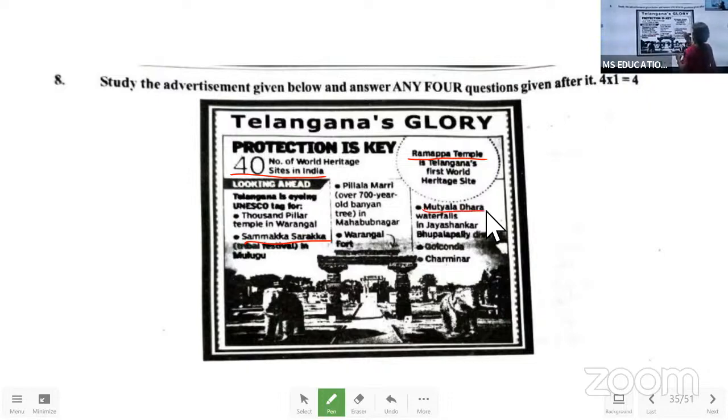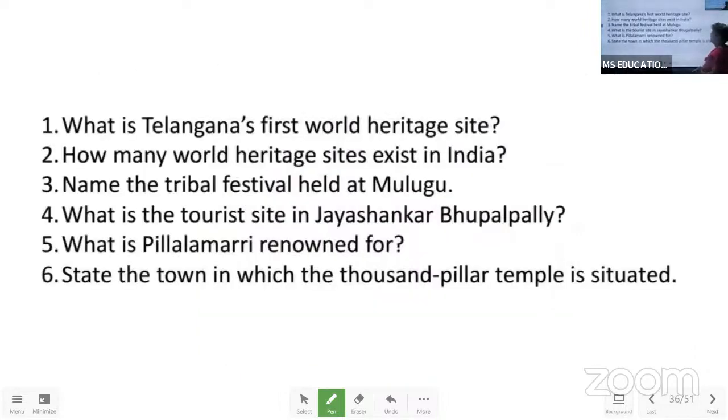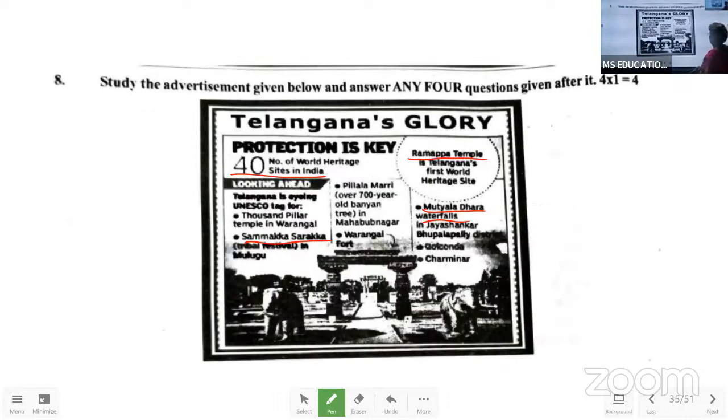Mutyala Dhara waterfalls. This is the tourist site. What is Pillalamarri renowned for? A 700-year-old banyan tree, which is in Mahbubnagar.